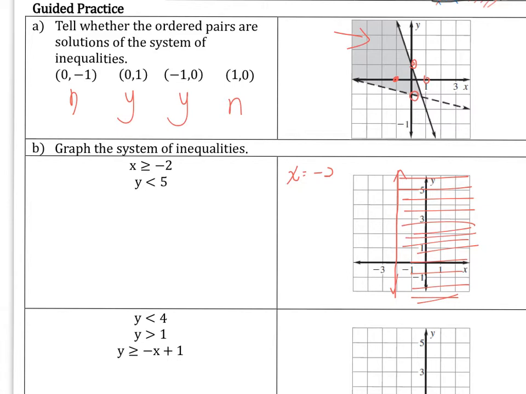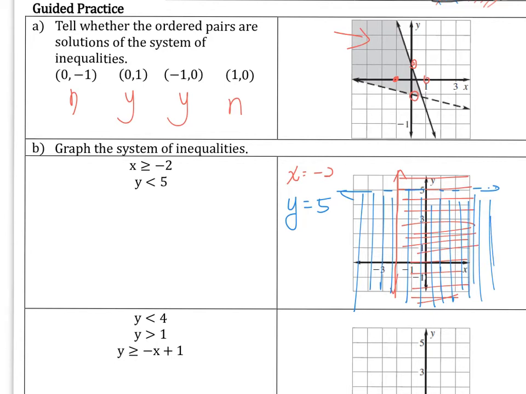For the second one, we graph the boundary line y equals 5, which is here, and it's a dashed line because it's a less than sign. Then we shade downwards for all the y values less than 5. So the solution of the system of linear inequalities will be everything here, the intersection of both inequalities.